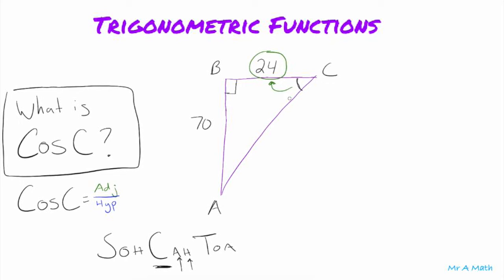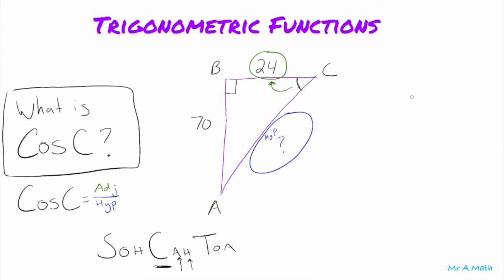Sometimes people accidentally mark this side as the adjacent because it's next to the angle. But remember, across from the 90-degree angle is the hypotenuse. So the longest side of the right triangle is always going to be the hypotenuse. And in this case, we're not given the hypotenuse. So what can we do?